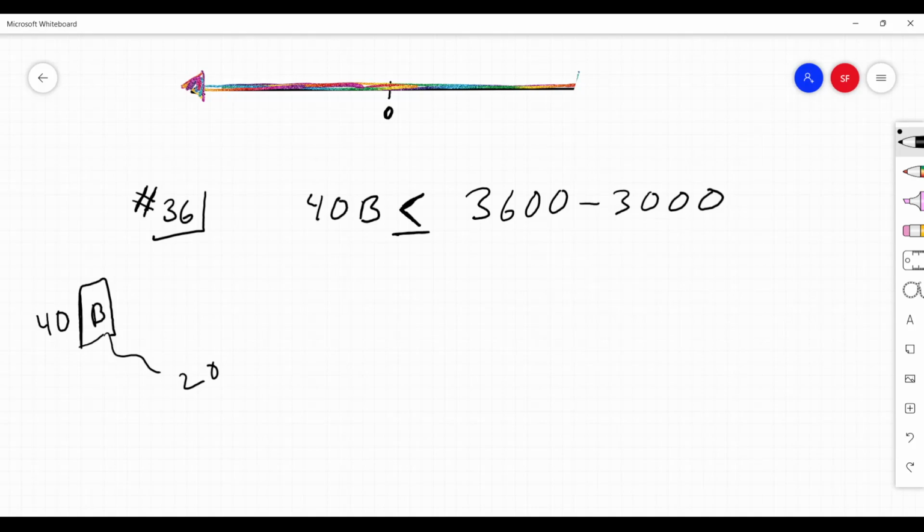Yeah. Okay. So to solve for B, what are we going to do? Combine like terms. It's 3,600 minus 3,000 is 600. And then divide 40 on both sides. Sounds great to me.